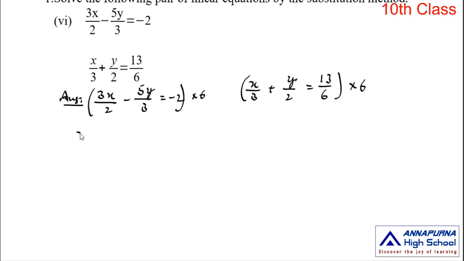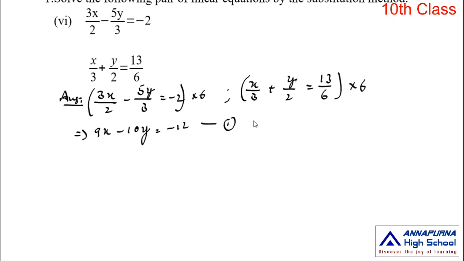So that implies 3x by 2 into 6: 2, 3, 6, 3 times, so 3 into 3, 9x, minus 3, 6, 2 times, 2 into 5y, 10y, is equal to minus 2 into 6, which is minus 12.